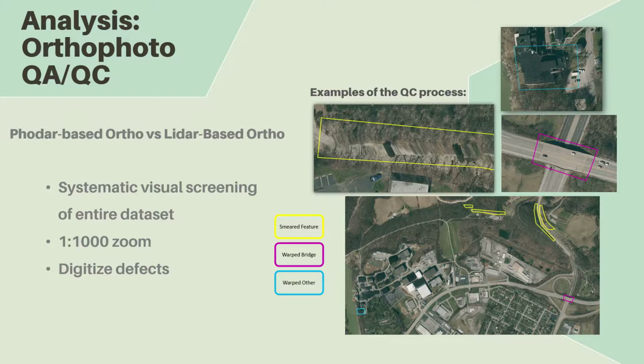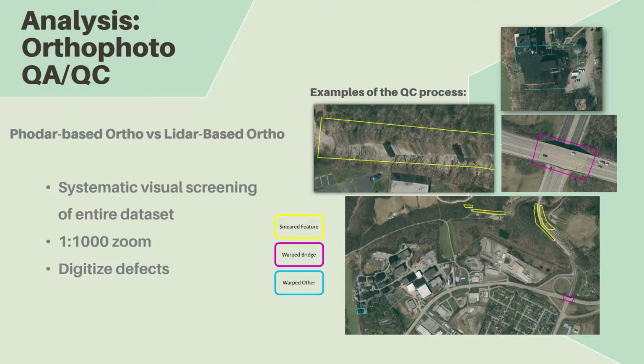This QC method is a typical procedure for ortho production to find visual defects within the imagery. For the purposes of this study, only smears, warped bridges, and other warped features, such as buildings, roads, or retaining walls, were identified, because those are all defects that would likely be caused by the surface. Each defect was recorded within a geodatabase and exported into a table for comparison.